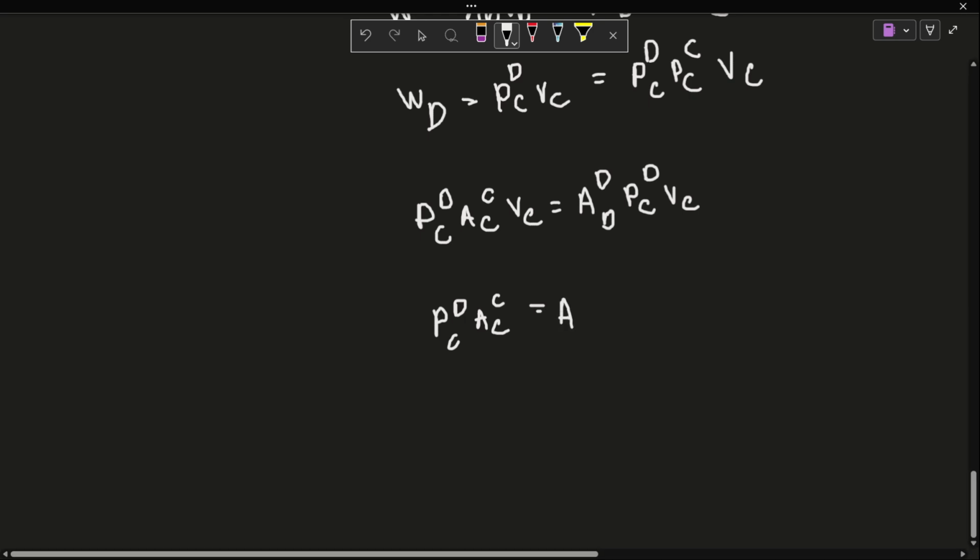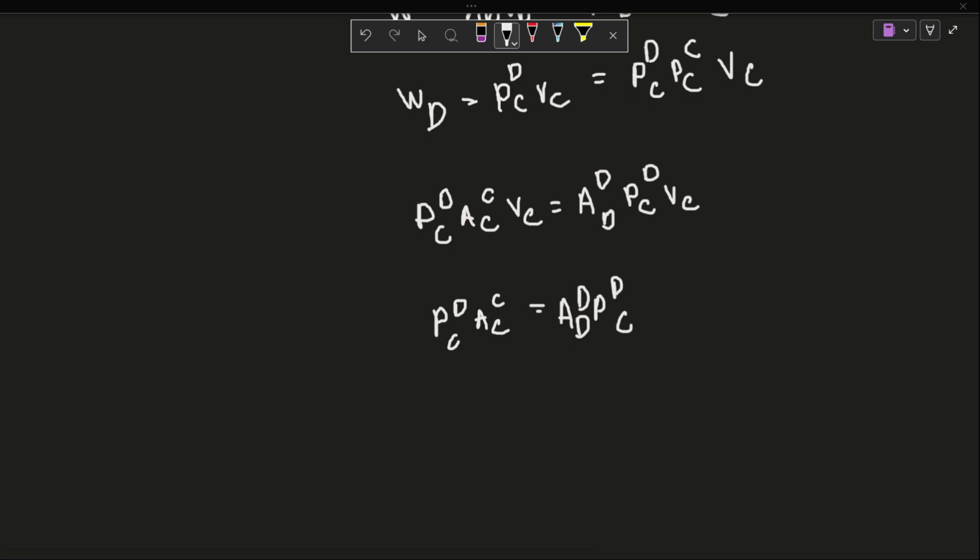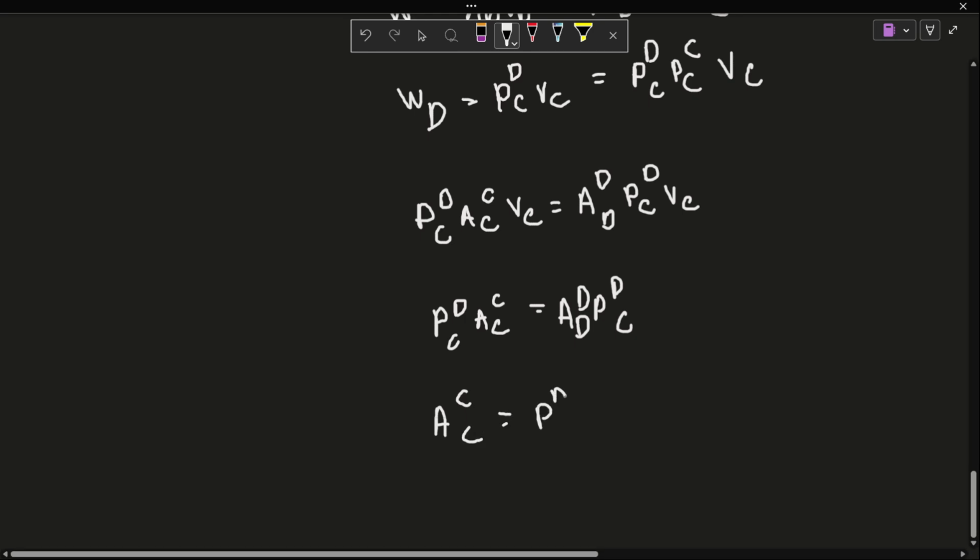That's going to equal ADD PDC. And the transition matrix is going to be invertible. So let's try and find ACC. ACC equals PDC inverse times ADD times PDC.